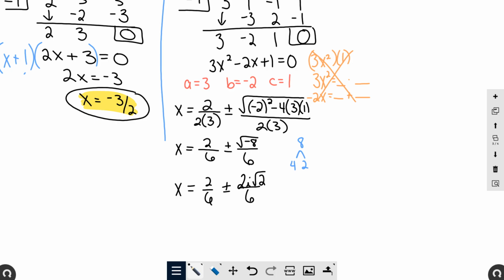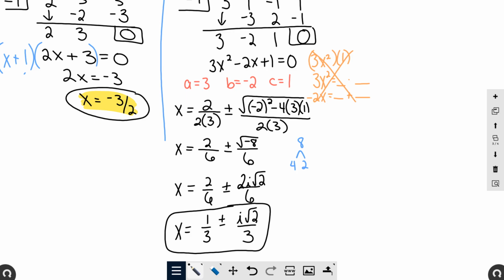We can simplify our fractions. 2 over 6 reduces to 1/3. And in both cases, they would both simplify to 1/3. So our next answer would be x equals 1/3 plus or minus i square root 2 over 3.